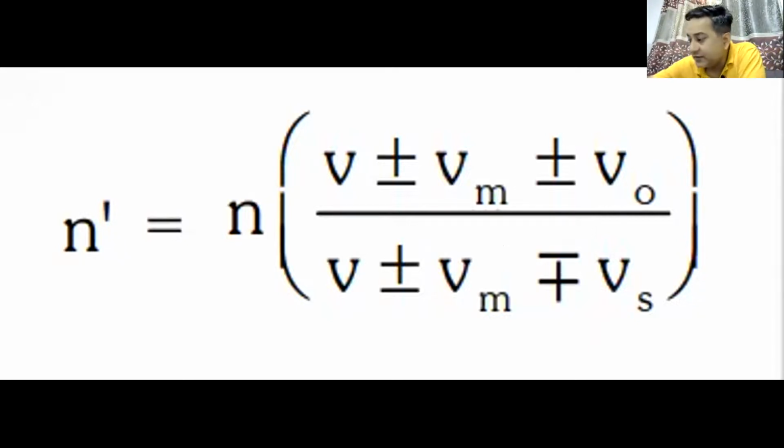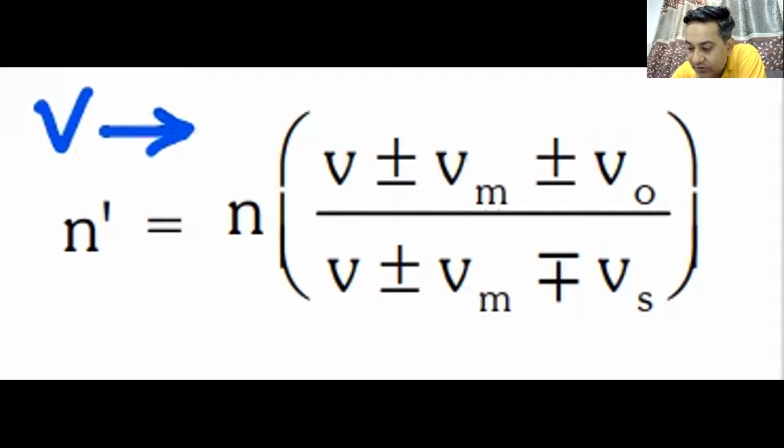We can do all the cases with this one single formula. Do we understand this? We can do all the cases with this single formula if we understand that the direction of velocity of sound, in whatever direction sound is moving, is taken as positive. Do we understand this? Yes, sir.